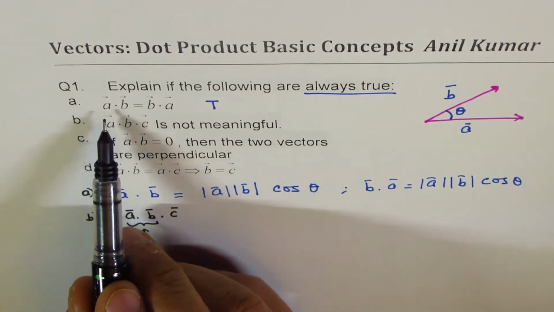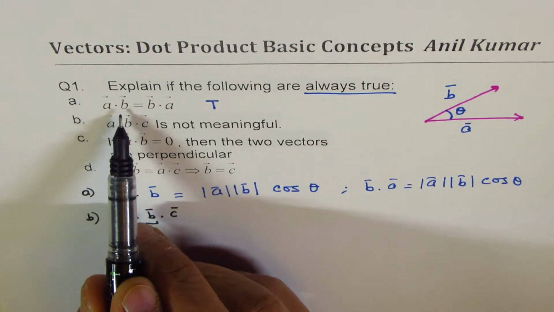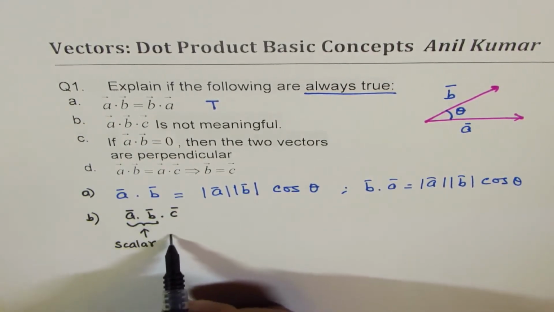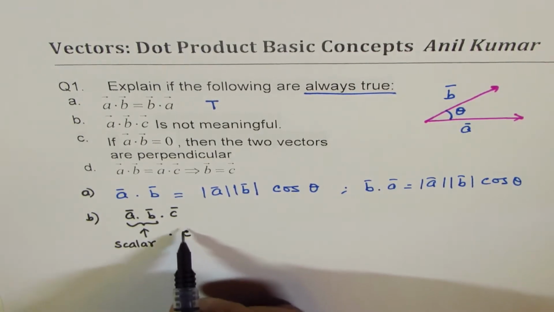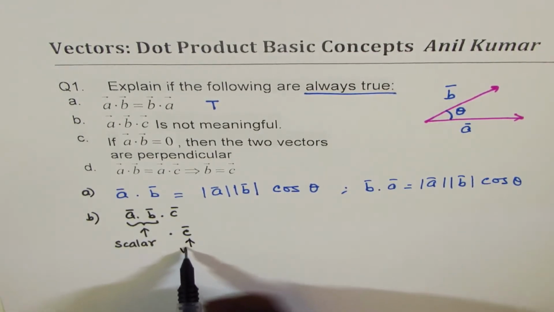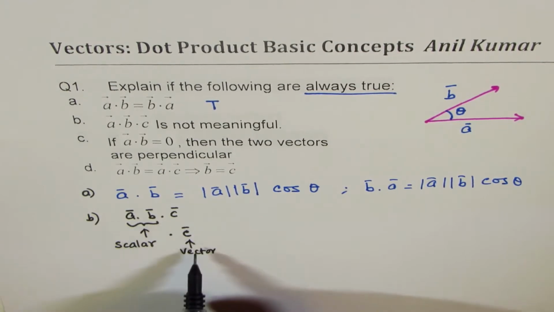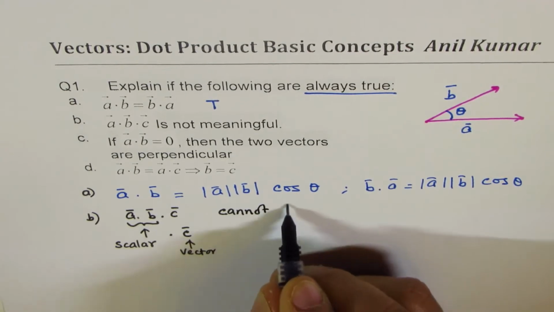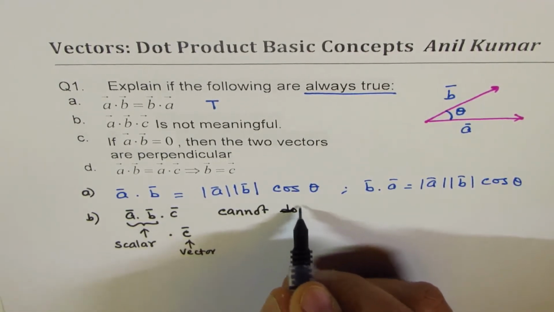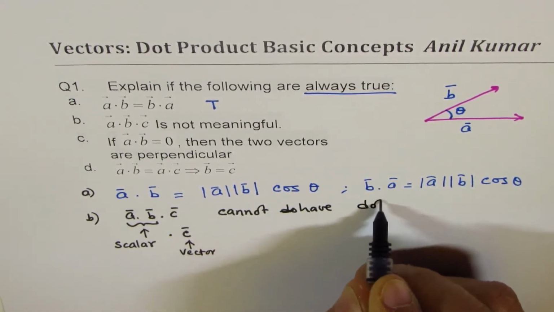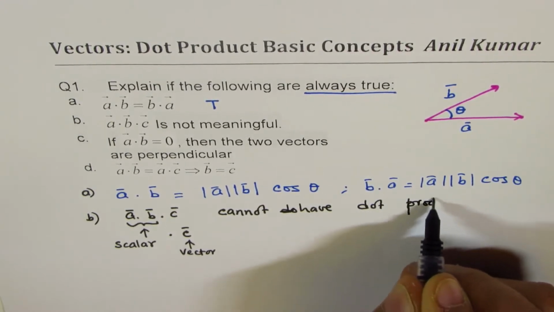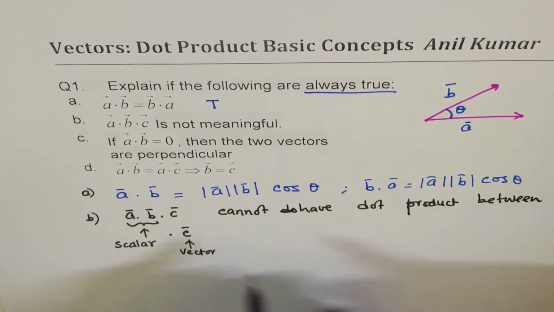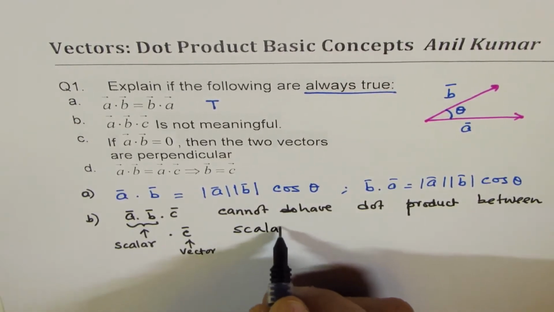You can see that it is a vector dot product. A and B should be vectors. Now we have a scalar and then dot with a vector. This is a vector. Does it make sense? No. We cannot have a dot product between a scalar and a vector, right?